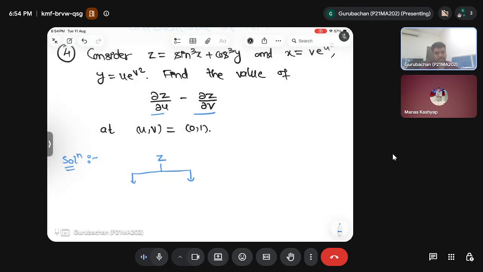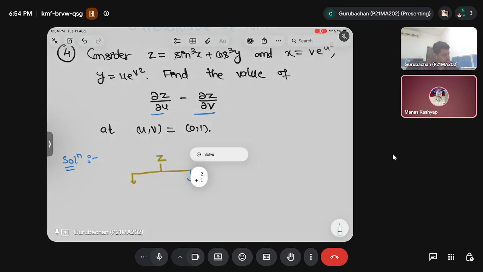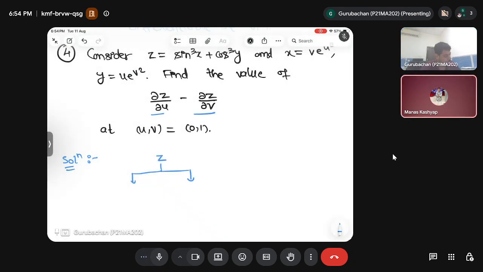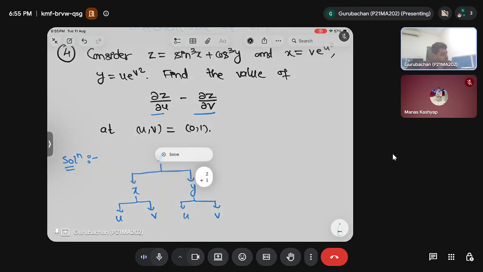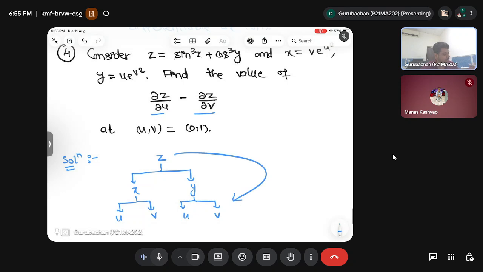Then we will discuss that composition part also. So here z is a function of x and y, and again x is a function of u and v. In the same way, y is also a function of u and v. So if you directly say that, then z is a function of u and v.